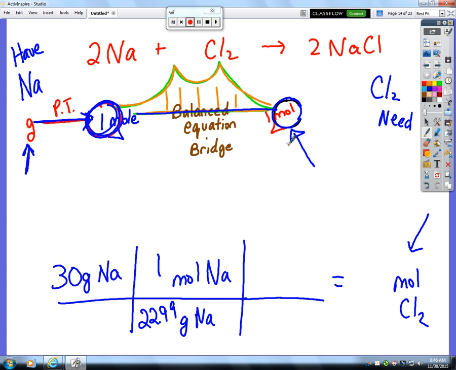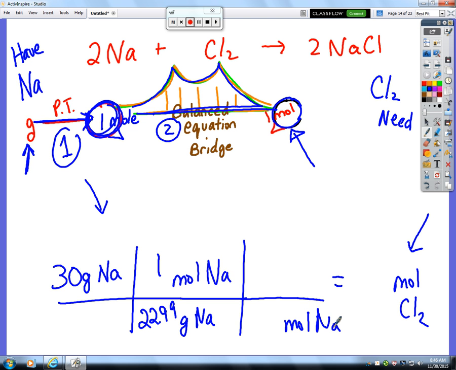So what do I have to do to do that? You say, I need to use the balanced equation. Okay, so this is part 1, which I just did down here. Now I'm going to do step 2, which is to get rid of moles of sodium. I'm in the mole hole for sodium, and I don't want to be there. I want to cross the bridge and go to chlorine. So I'm going to go to moles of chlorine.